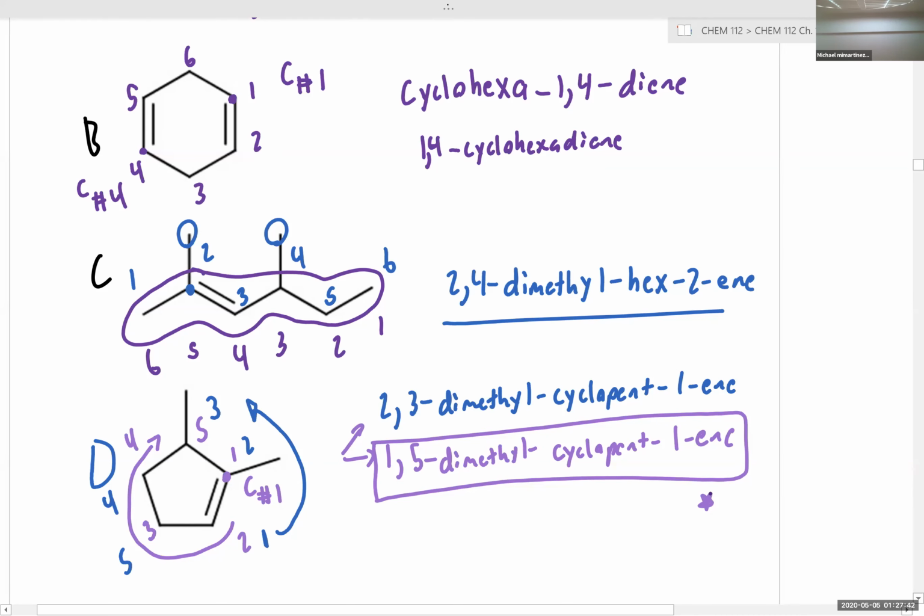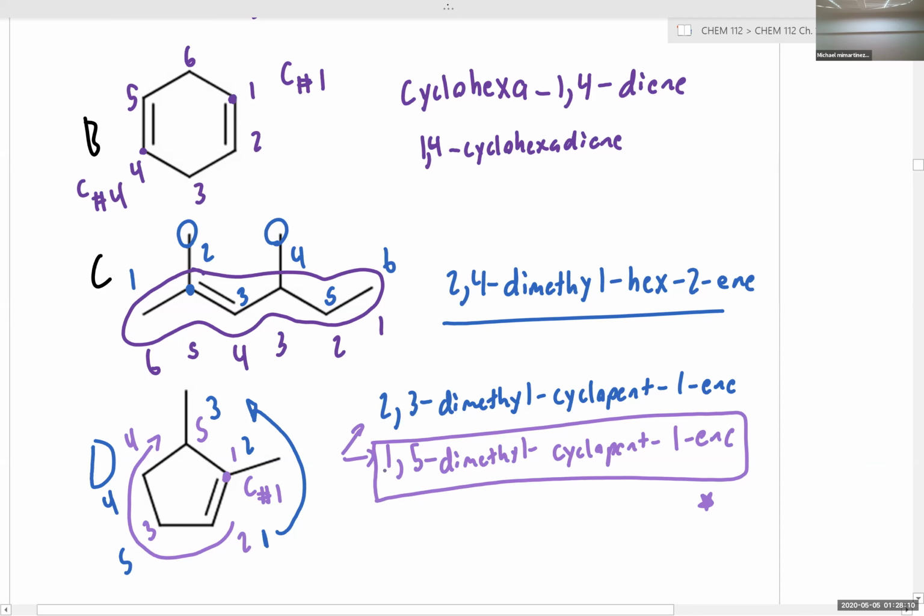And it's just because for numbering substituents, you choose the substituent carbon locants that give, in sequential order from your first substituent to your last, the lowest number. It's not the average number, it's just from first to last. So even though 5 is a larger number than 3, it doesn't matter because our first locant number is smaller.